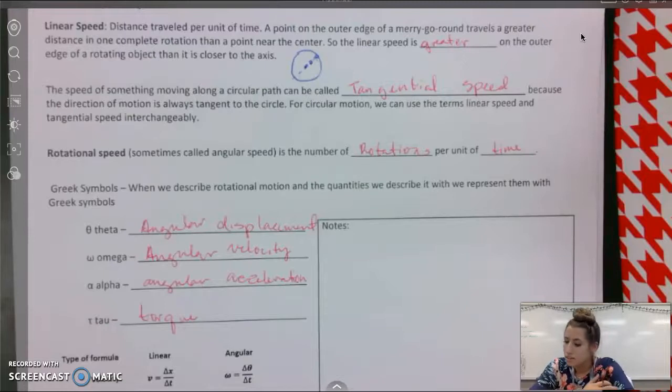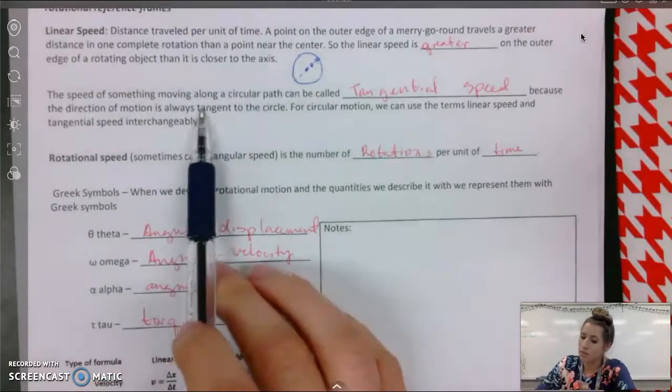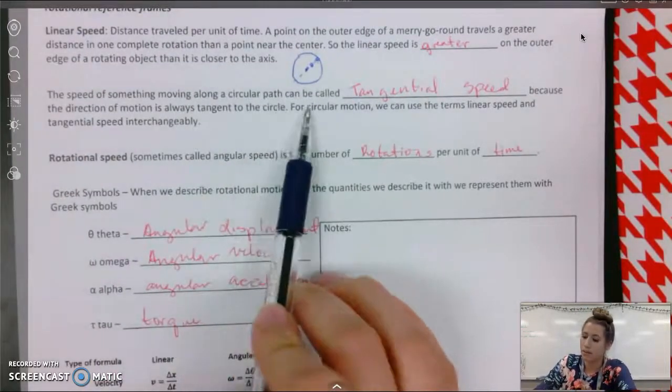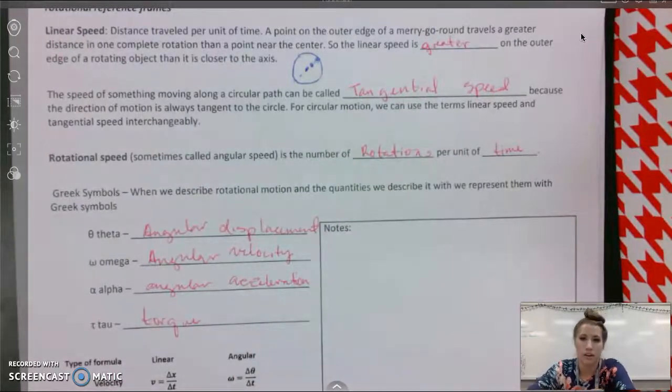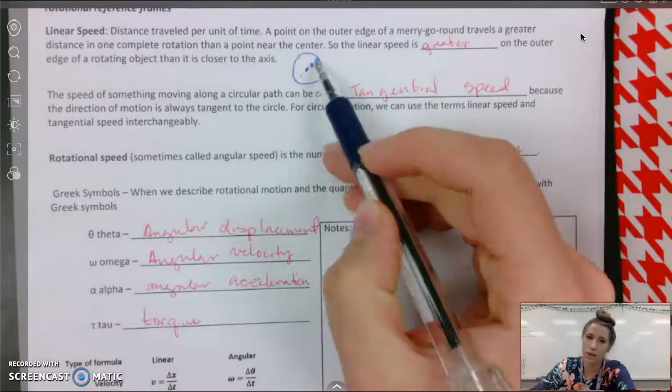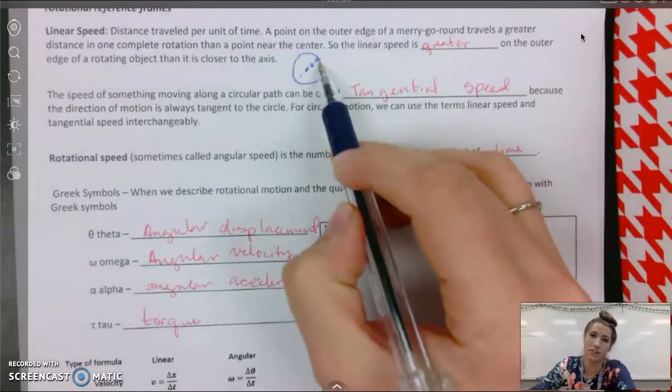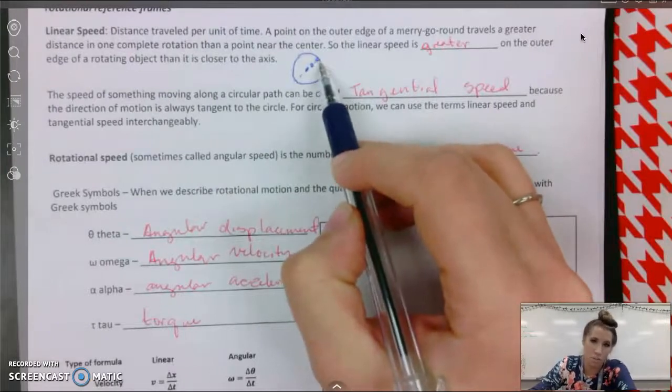Now, let's see, the speed of something moving along a circular path can be called a tangential speed. So this linear speed or tangential speed, we use those terms interchangeably. And a good way of thinking about this is you could say, well, what's the instantaneous velocity right at this moment?